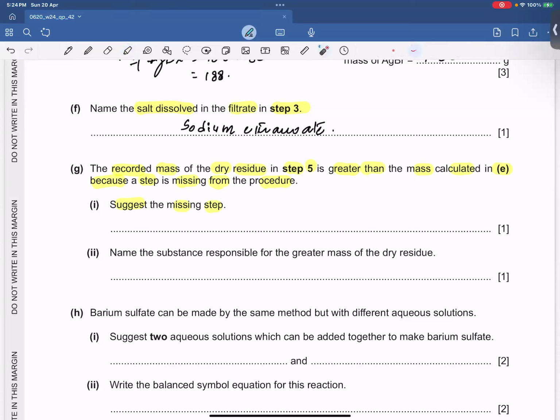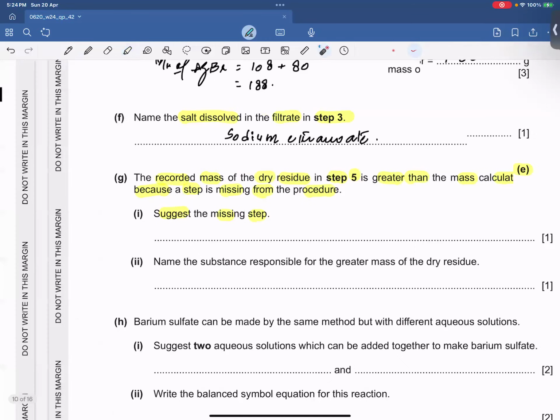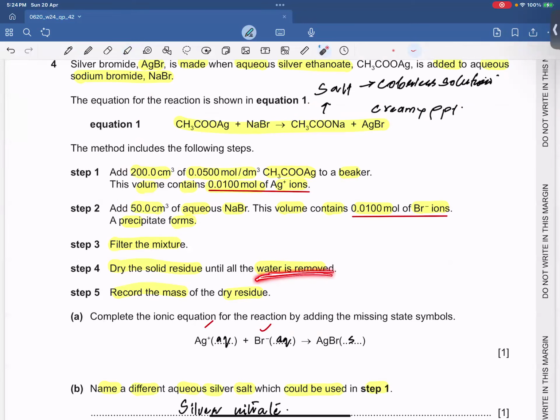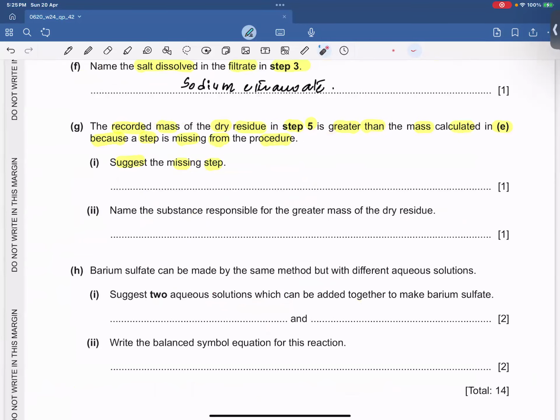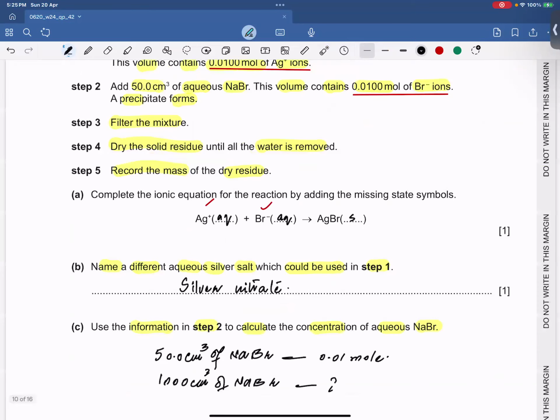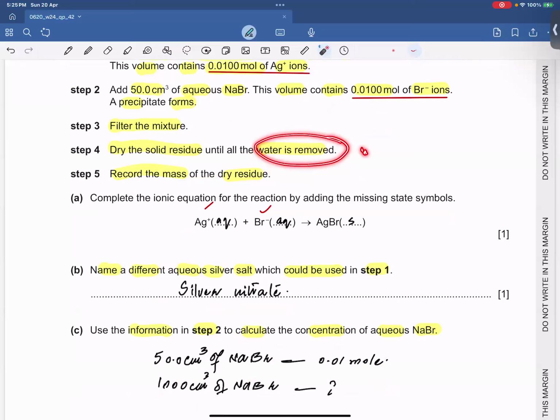Okay, so if the mass of the dry residue is greater, it means the water that you were supposed to remove was not removed properly, some moisture remained, because of which the mass of the dry residue came out more than expected. So we need to remove the water. मिक्सचर को फिल्टर करने के बाद हम डायरेक्टली ड्राई नहीं करते, पहले हम इस रेजिड्यू को डिस्टिल वाटर से वॉश करते हैं, उसके बाद फिर हम उसको ड्राई करते हैं. ऑलराइट. और फिर मास रिकॉर्ड करते हैं. तो इसमें से एक स्टेप मिसिंग ये हो गया कि हमने सॉलिड रेजिड्यू को डिस्टिल वाटर से वॉश नहीं किया.